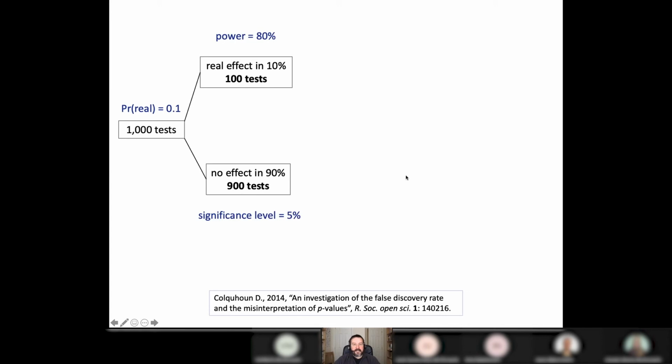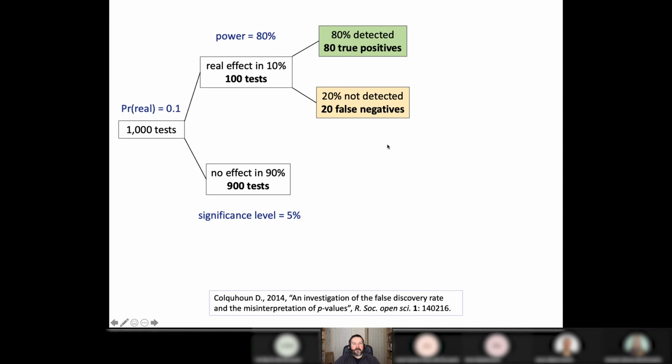We set a statistical test with power of 80% and significance level of 5%. It's a good test. Because power is 80%, we detect 80% of all the things with real effect. Power is the ability to detect the effect when it's real.